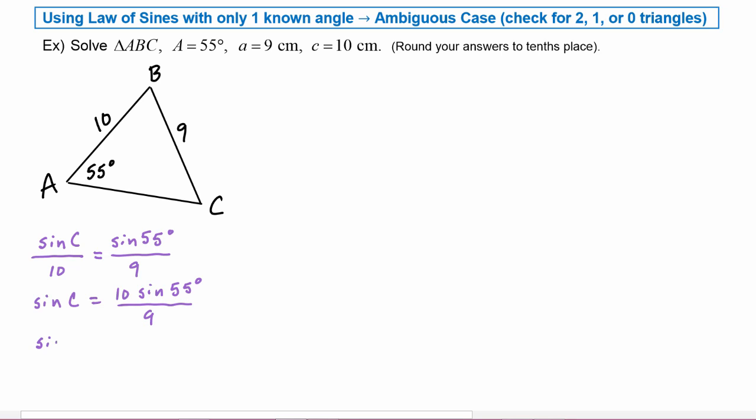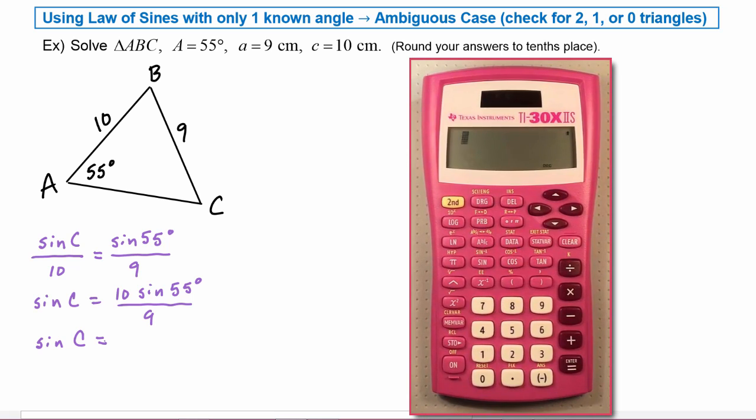So the sine of C is going to equal, we have to pick up our calculators, and we will take 10 times the sine of 55, close your parentheses, divided by 9, hit enter, and we see that we get 0.9101689, whole bunch of decimal places.